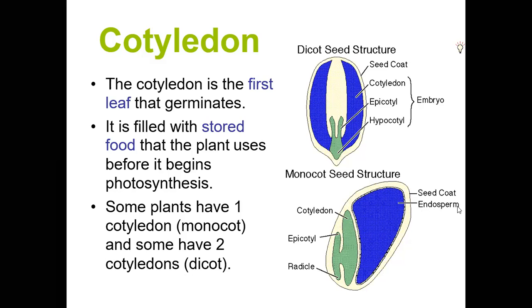Endosperm means the food content in the seed. The outermost layer is the seed coat, and the internal part is mainly endosperm, that means the cotyledonous part. Between these two cotyledons, in dicotyledons, there is one epicotyle. And in monocots, just below the endosperm, there is one soft fleshy part.